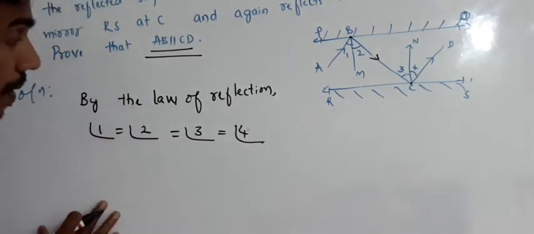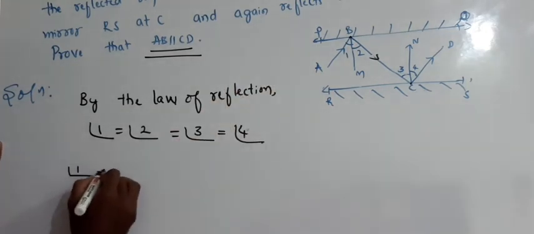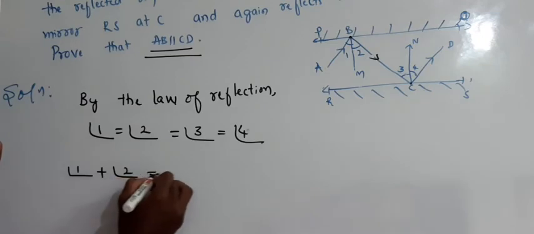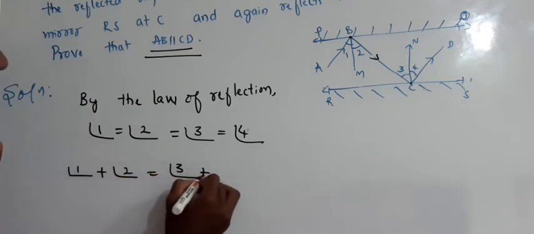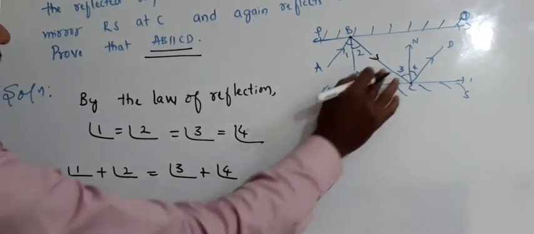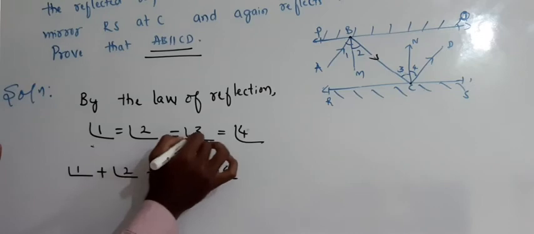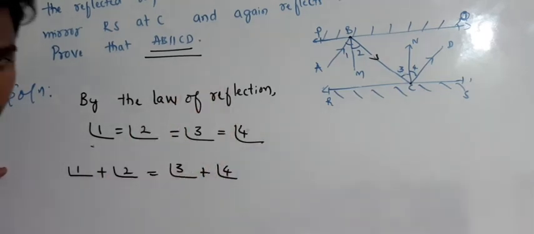Now, in that case, angle 1 plus angle 2 is equal to angle 3 plus angle 4. Can I write that? Yes, because 1 is equal to 2, is equal to 3, is equal to 4. All the angles are equal.